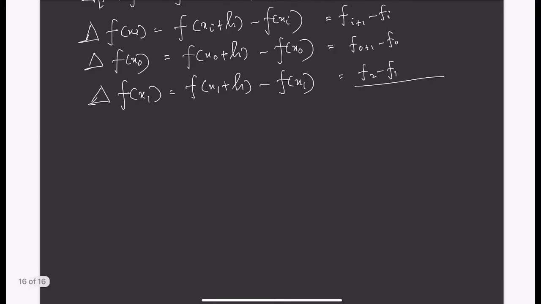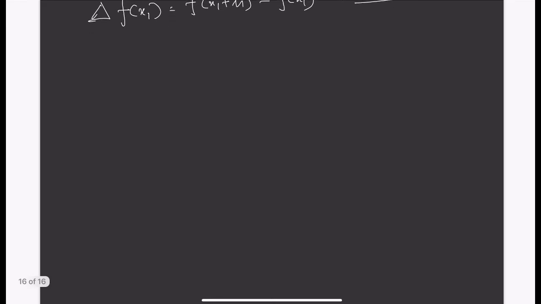I think there is no problem, you have understood this one completely. So now we can generalize this. Delta of f of xn is nothing but f of xn plus h minus f of xn.